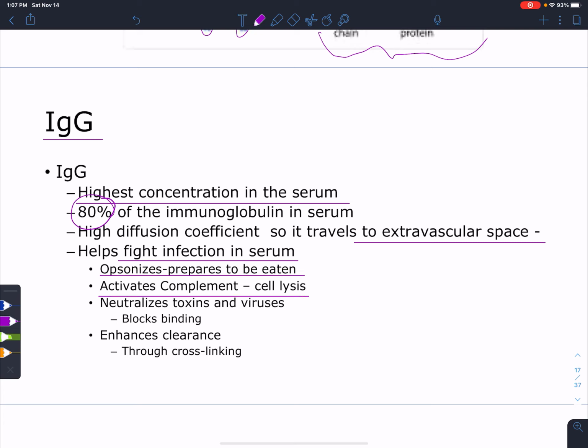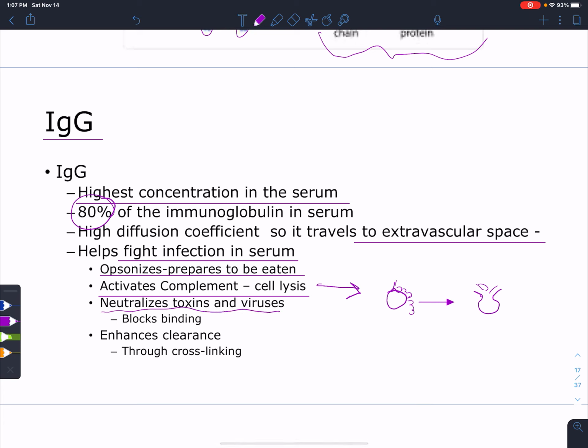This is important because what does complement do? It causes cell lysis. So when we have this cell, and it's a bad cell, and that antibody gets on there, it's going to activate complement, which is a whole cascade, which will lead to that literal rupture of that cell, lysis of it. We'll see more of that complement. We have a whole other lecture that goes along with this.